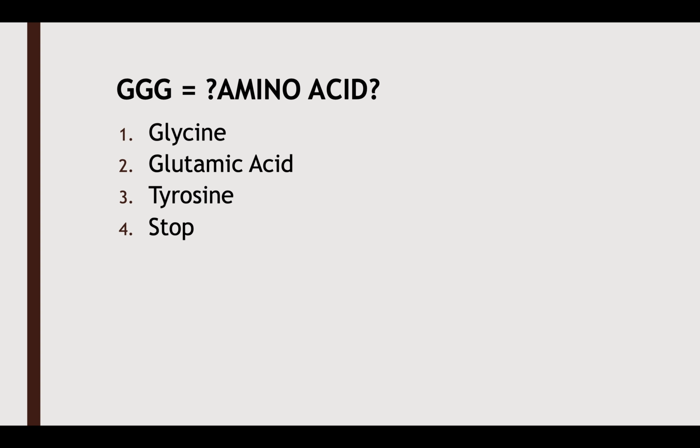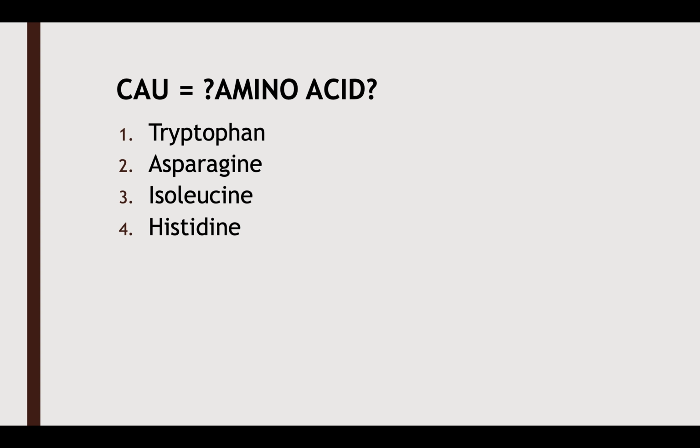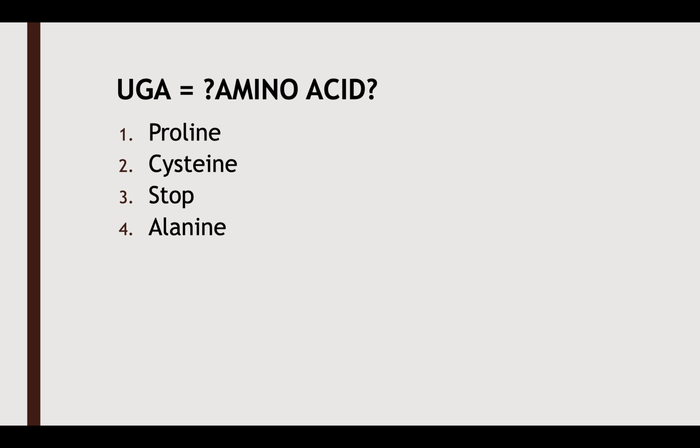Next, we had GGG. Which of these is the correct code for GGG? Hopefully you said glycine. Glycine is the correct answer. How about CAU? Histidine is the correct amino acid that CAU is the code for. How about UGA? UGA is the code for stop.